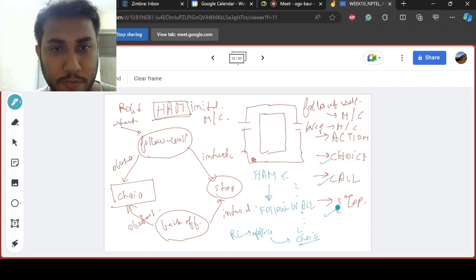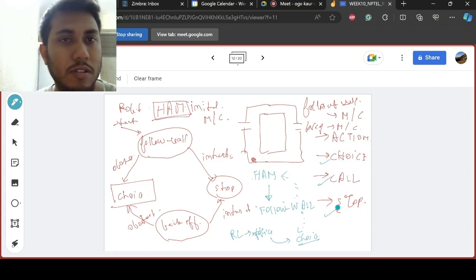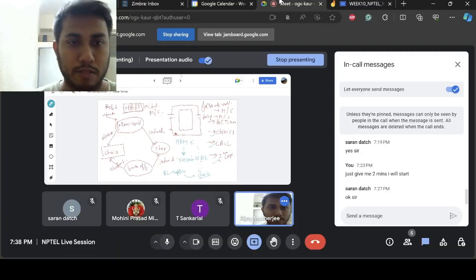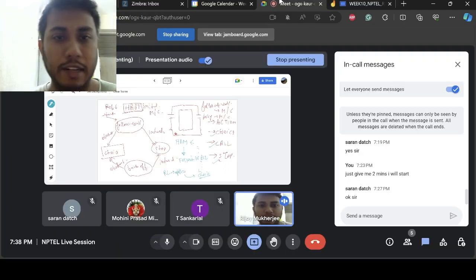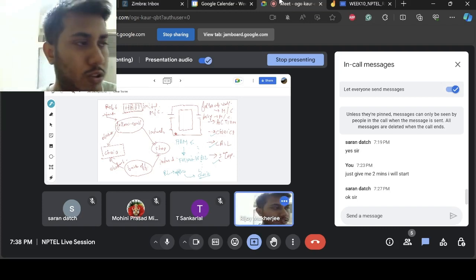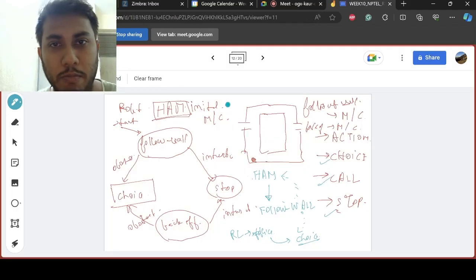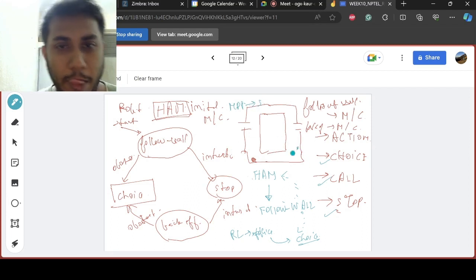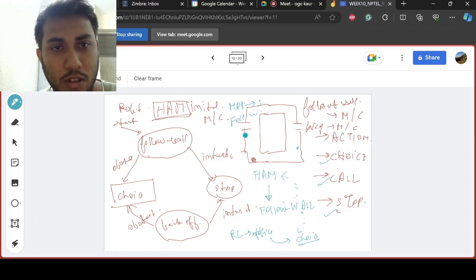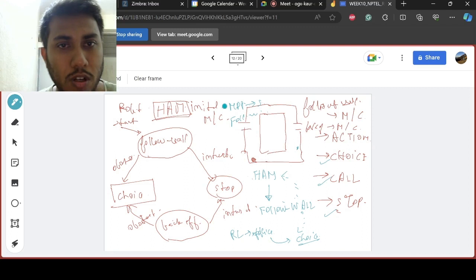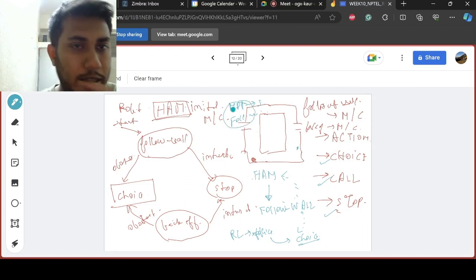But what does action do? Action basically generates the state from the MDP. So suppose you are currently in some MDP, in some state, and your HAM is currently at the follow-wall machine.